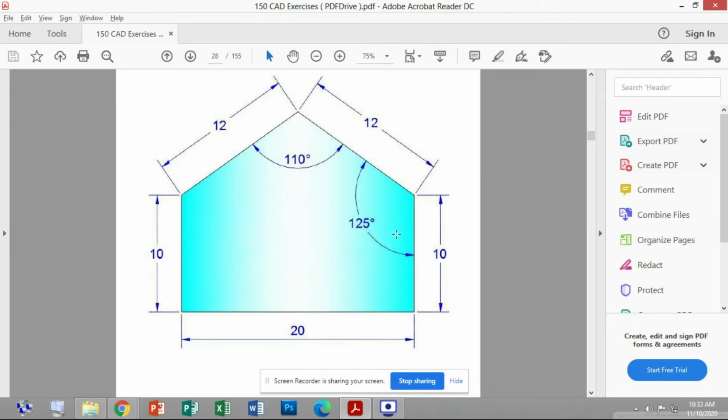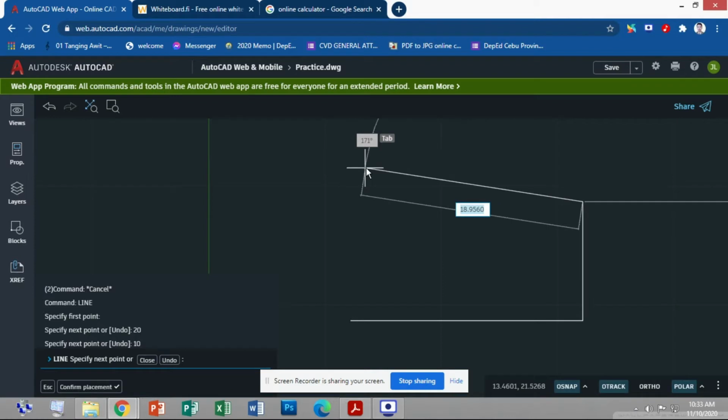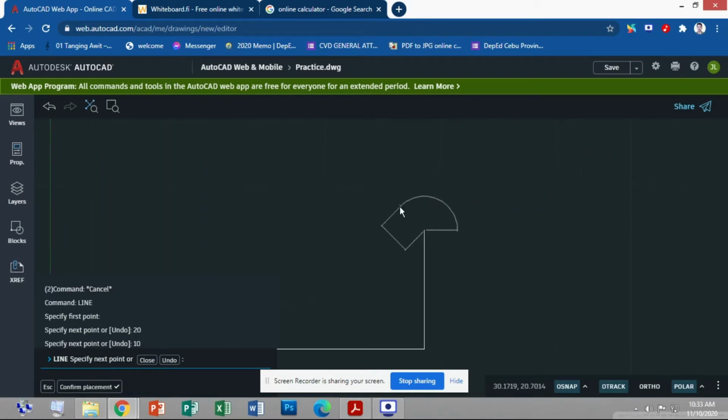Okay, so that is now our next problem is that there is actually an inclusive angle between this 10 units na line and 12 units na line. There is actually an inclusive angle of 125. There is actually a little problem here because in AutoCAD, if we're going to observe this, the angle is actually basing in the first quadrant.